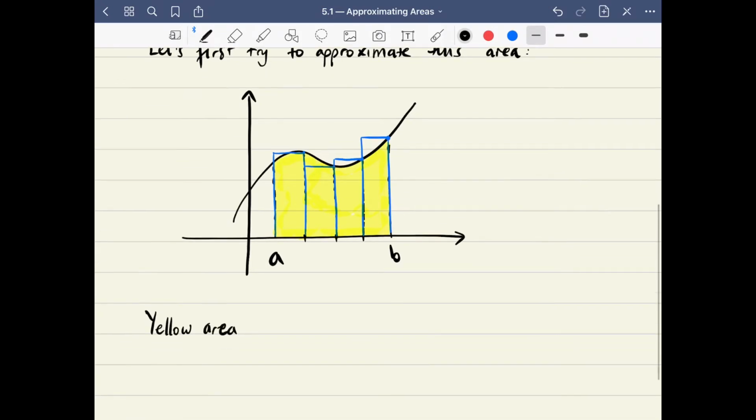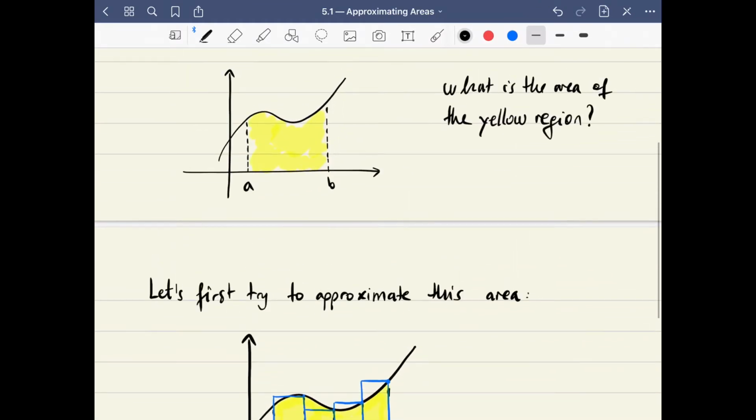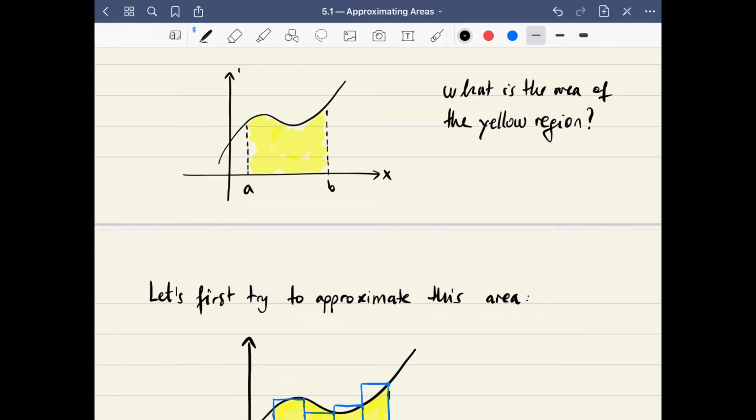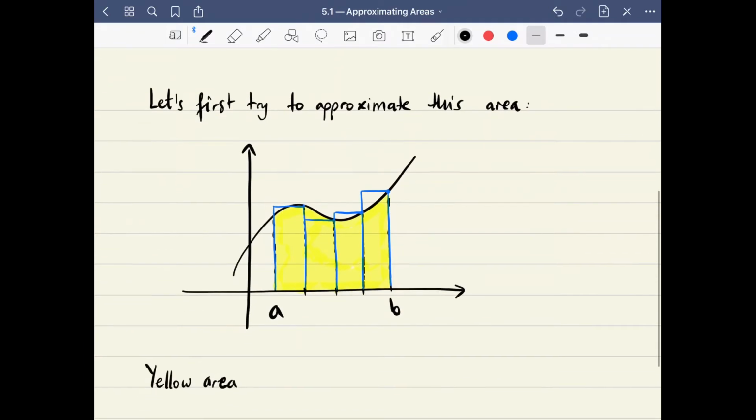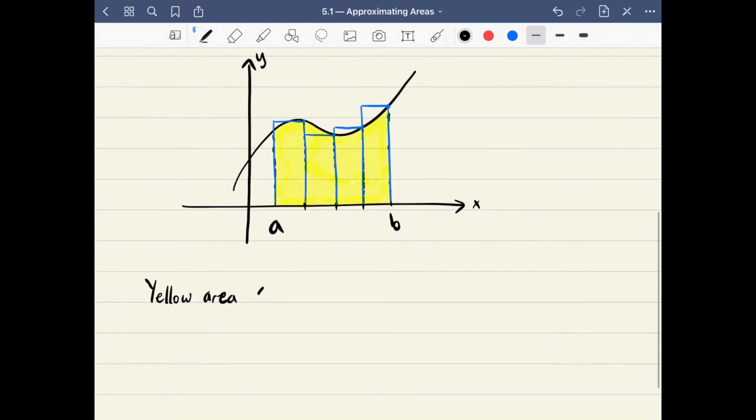So the yellow area, which is the area between the function and the x-axis, is approximately the sum of the areas of the blue rectangles. By the way, here I have the x-axis, and here I have the y-axis.